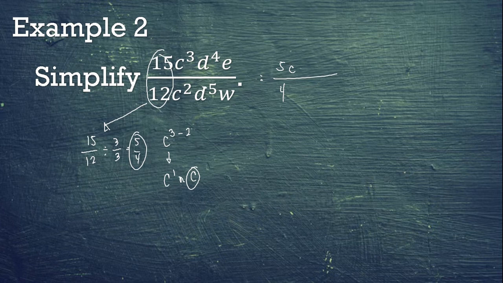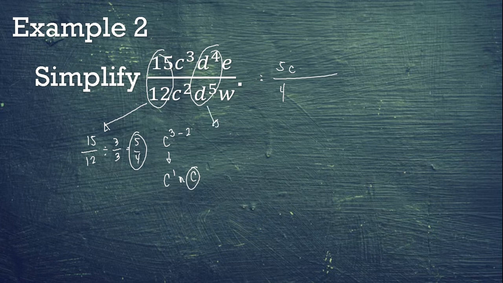Next is letter D. So as you can see, we're simplifying variables with the same expression from the numerator and the denominator like this. So we have similar variables, although they have different exponents, but then we can simplify them by applying the law of exponents.